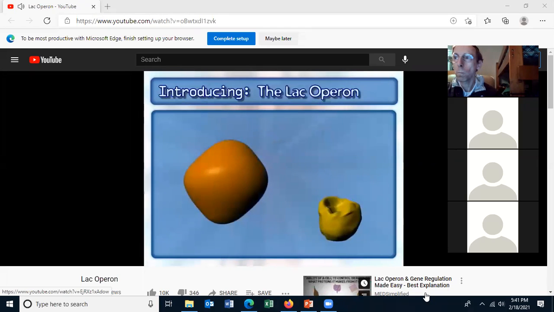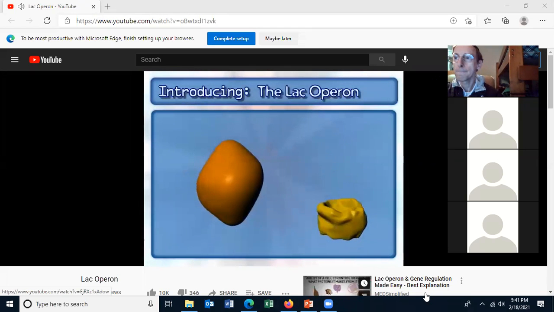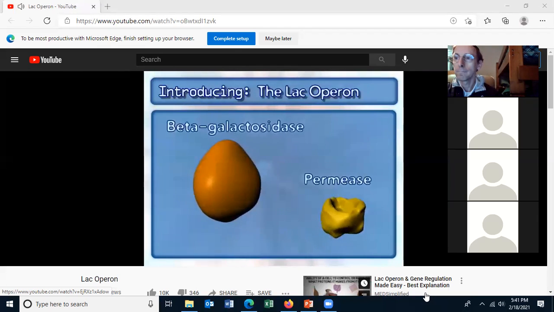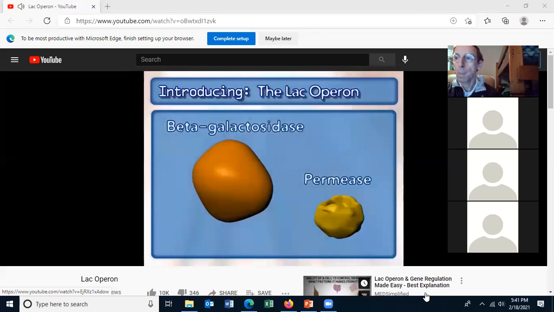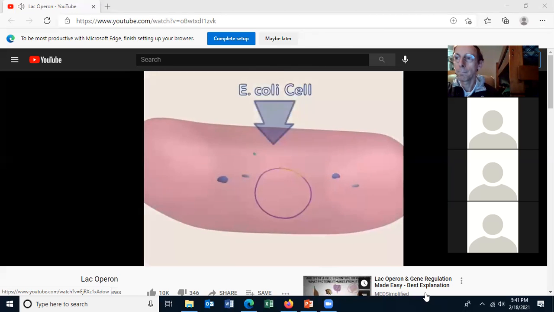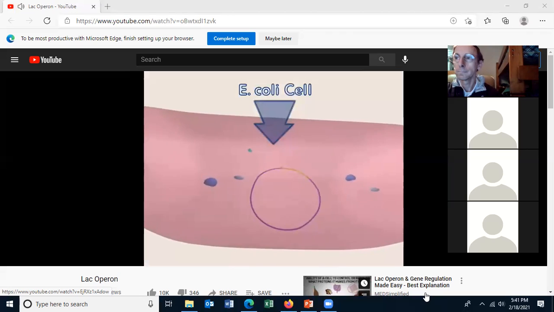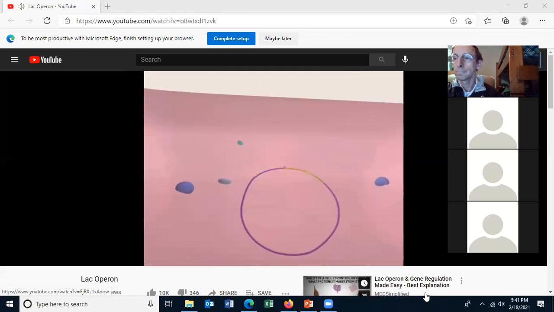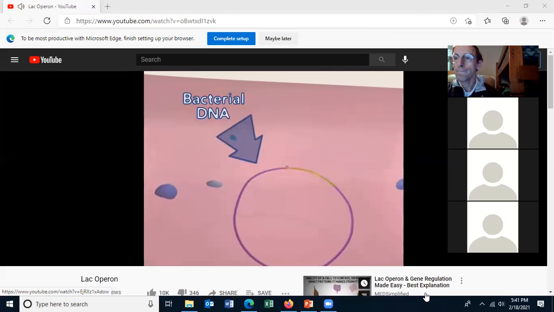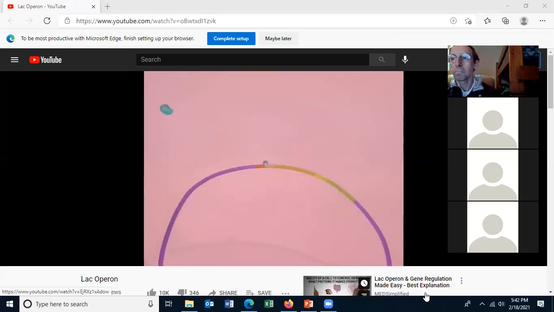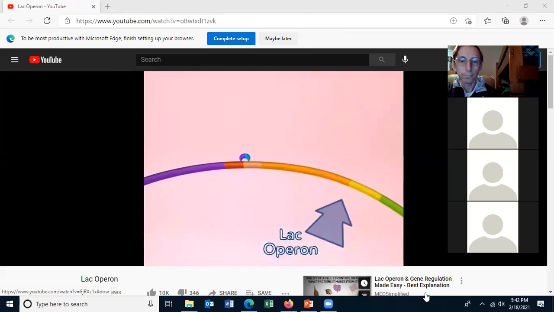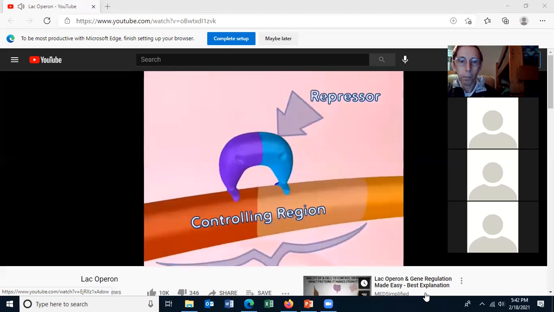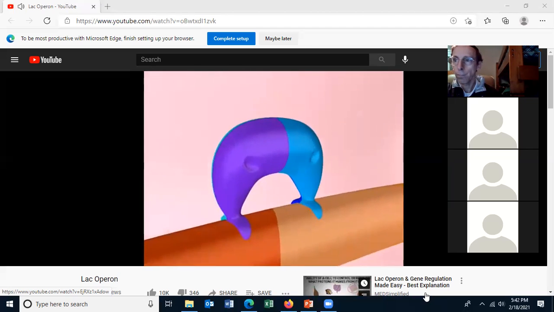This animation will only focus on 2 of the 3 proteins encoded by the lac operon, beta-galactosidase and permease. Gene expression can be induced or turned on when a specific inducer molecule appears in a cell. For inducible systems, a repressor molecule prevents gene expression by binding to the upstream controlling region.